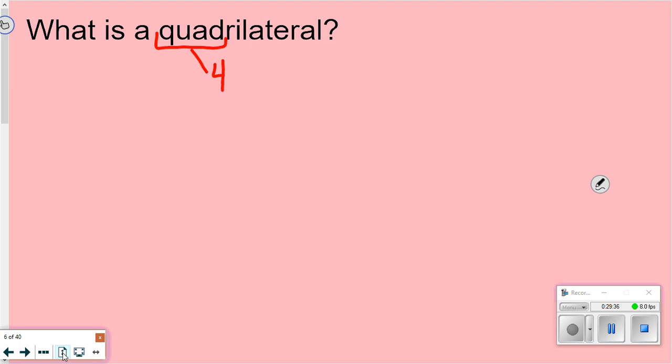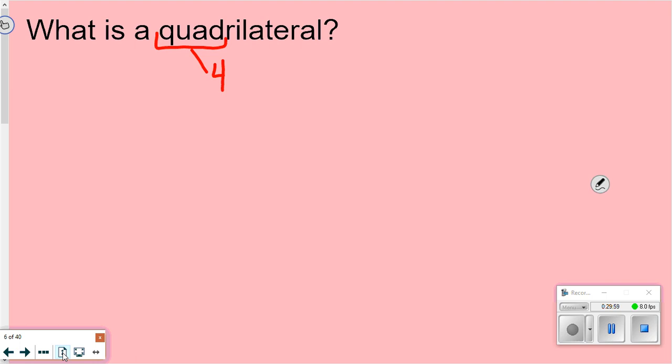So these are good language clues because a lot of these words came from Latin. These are Latin words, pieces of words, that we're using to remind you the attributes or rules of a quadrilateral. So in order to be a quadrilateral, there are 2 rules. Maybe a 3rd one if you count it.